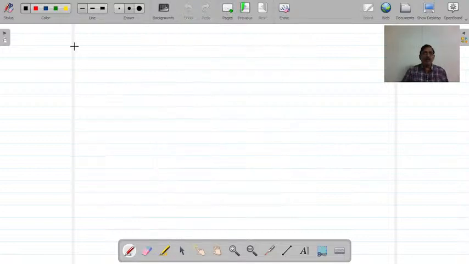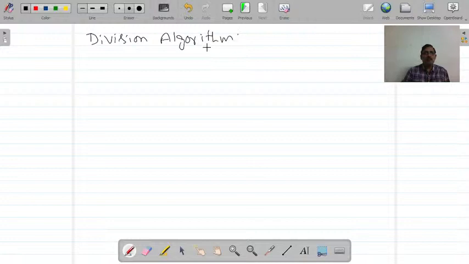Now, first let us go for division algorithm. In division algorithm, mainly what is the basic idea?